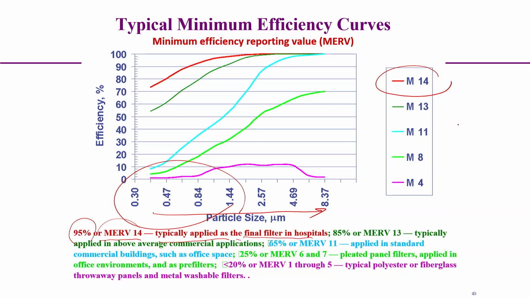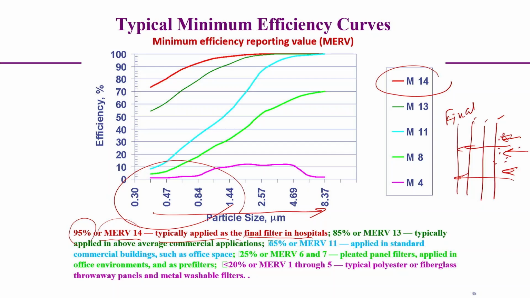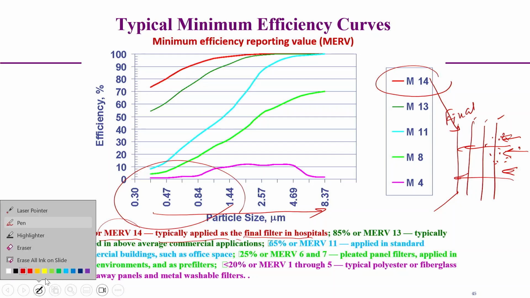So, there will be different layers of filter. This is the outside air coming, an initial pre-filter, one layer, two, and this is the final layer. The airflow is in this direction, carrying different particles. Now, let me draw again.